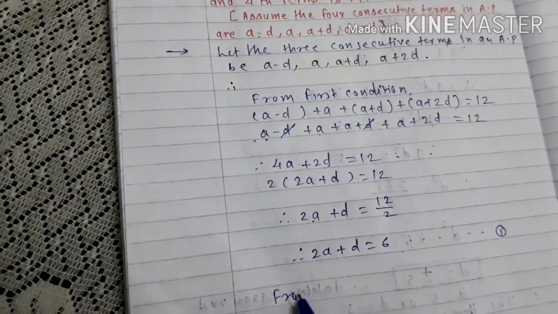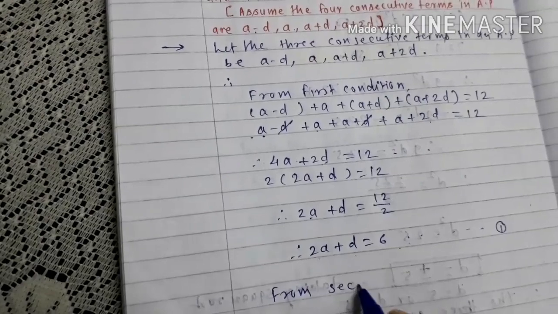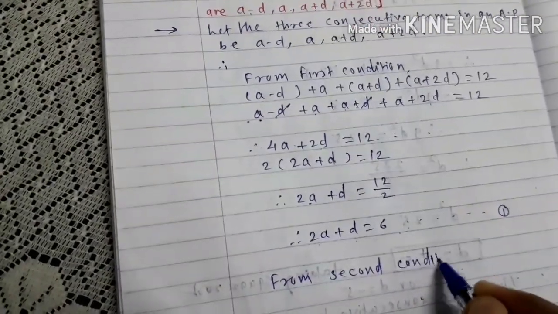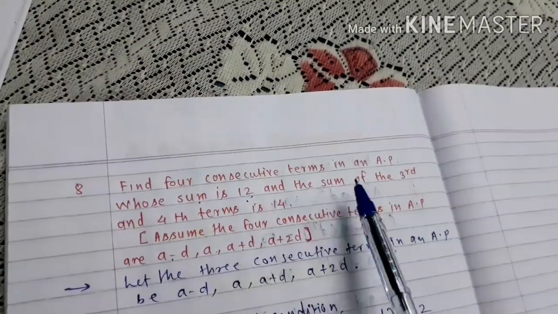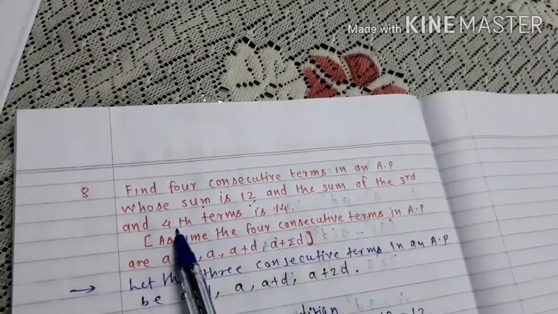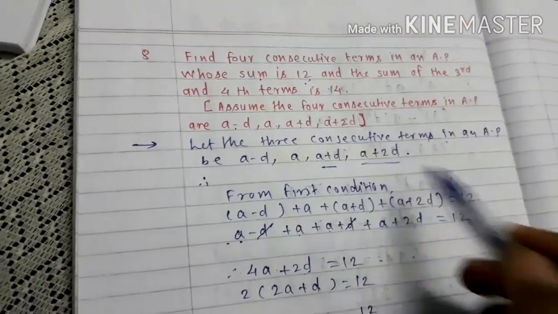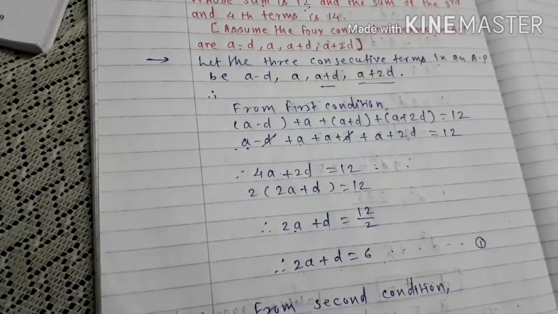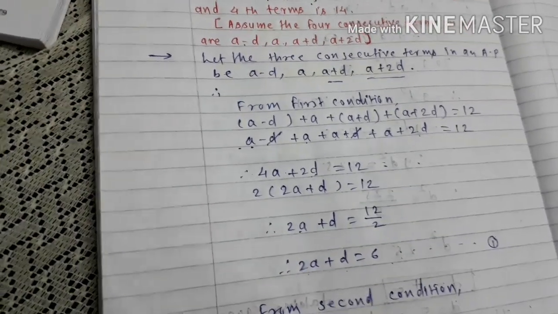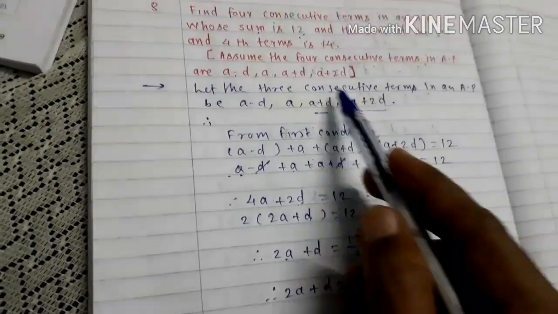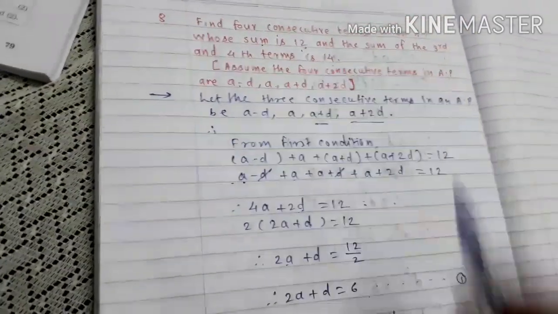So from the second condition: the sum of the third and fourth term is 14. Third term is a plus d, fourth term is a plus 2d. So a plus d plus a plus 2d is equal to 14.